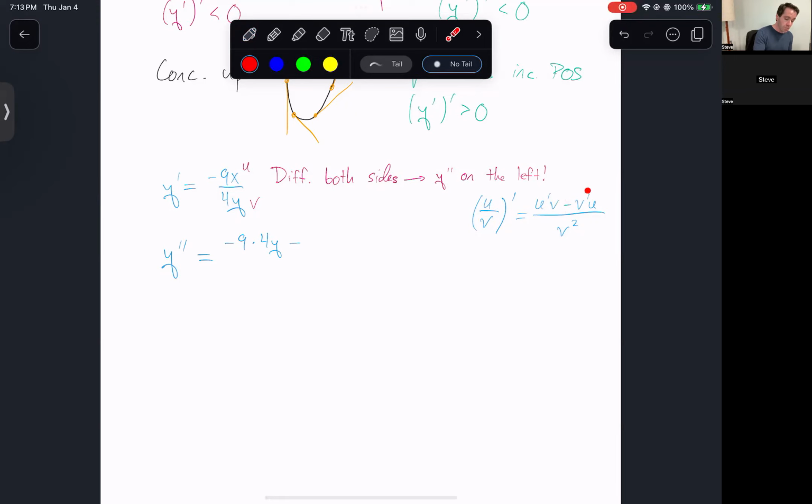Now derivative of the bottom, it's going to be 4y prime, and then times negative 9x, that's the top. The whole thing goes over the bottom squared, which is 16y squared. We obviously need to simplify. Negative 36y. This double negative becomes a positive. So this will be plus, and then 4 times 9 is 36.